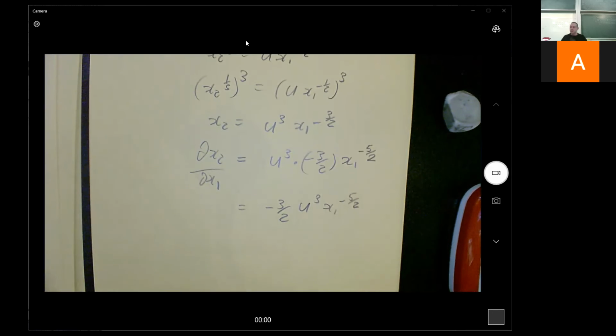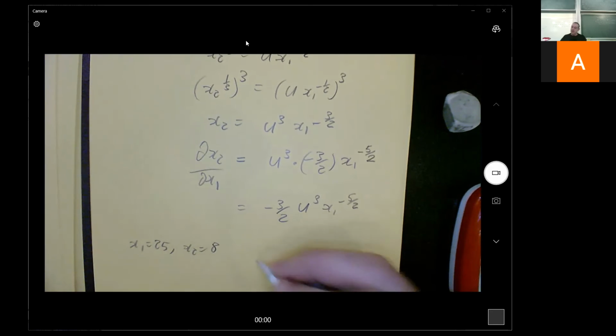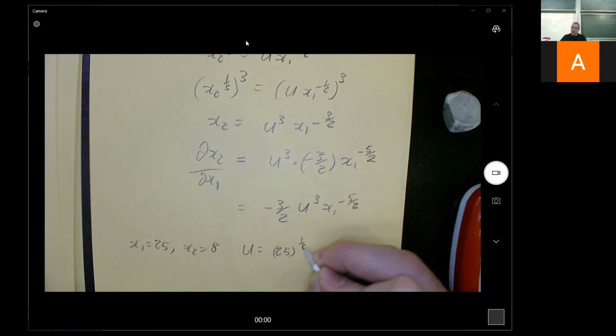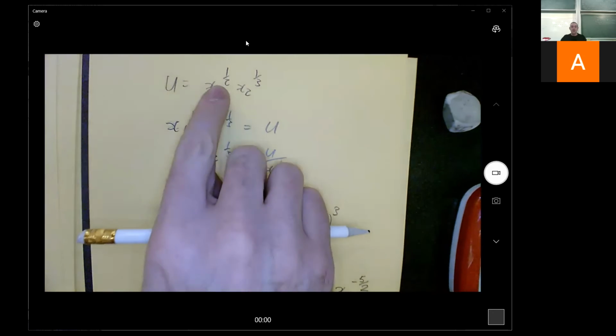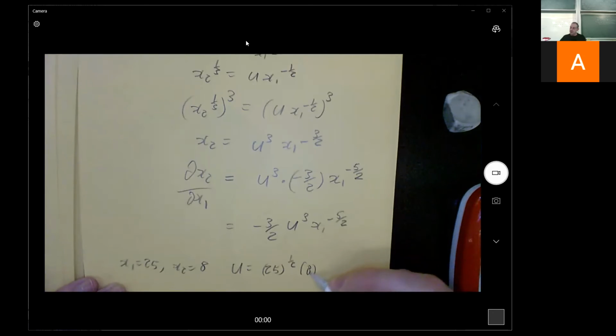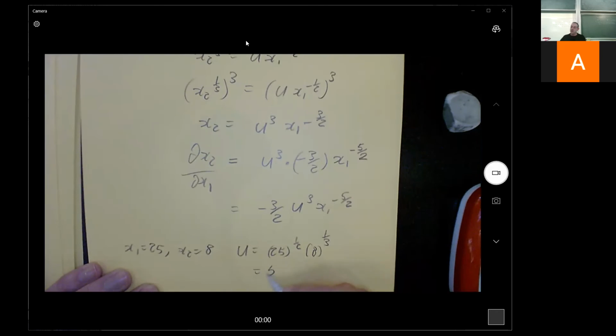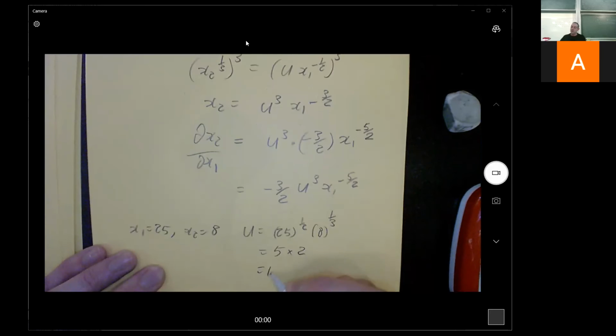So I just want to try something. If x1 is equal to 25 and x2 is equal to 8, then that means that u is equal to 25 to the half, because that's what this formula is, times 8 to the third. And a half is the square root, so it'll be 5. And a third is a cube root, so it'll be 2. So the u comes out to be 10.